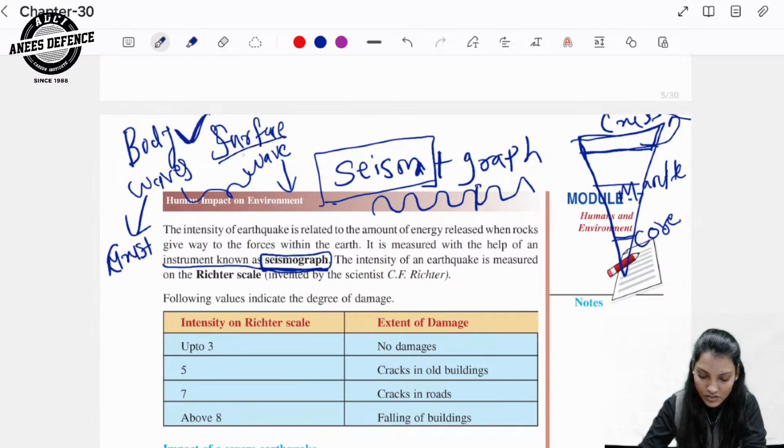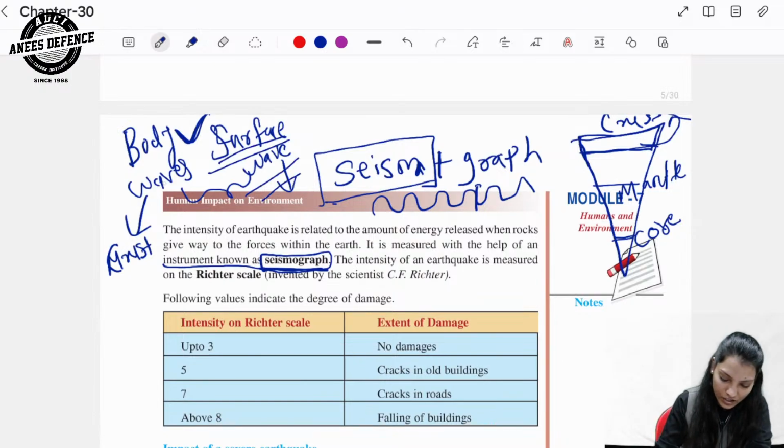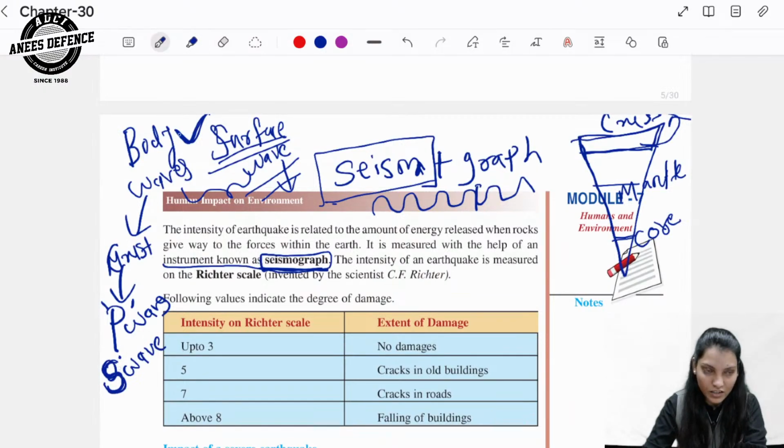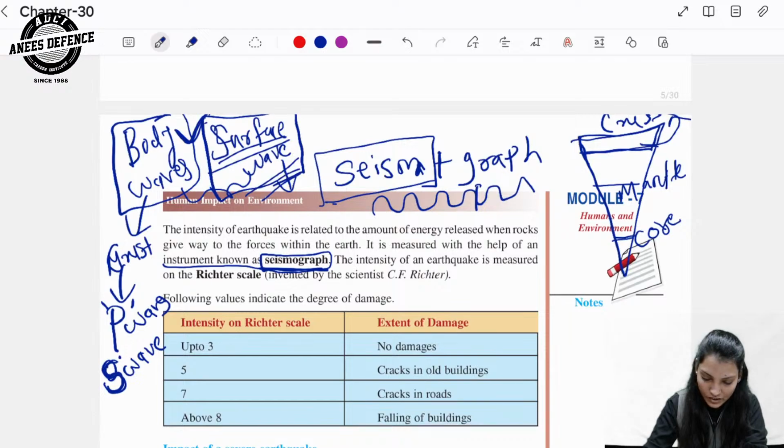there are surface waves. There are again two types of body waves: P waves, which are called primary waves, and S waves, that is, secondary waves. These come under the category of body waves. The second type of waves is surface waves.